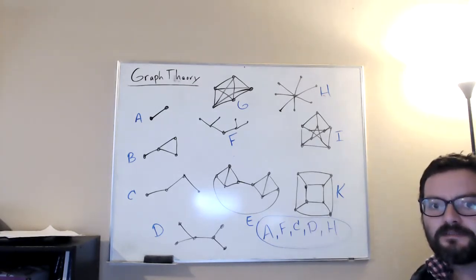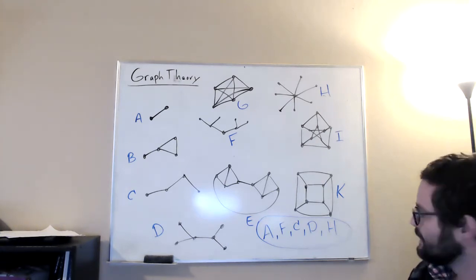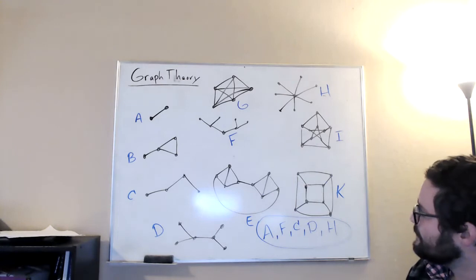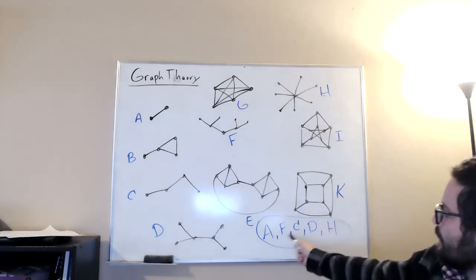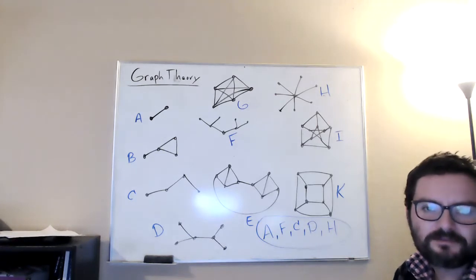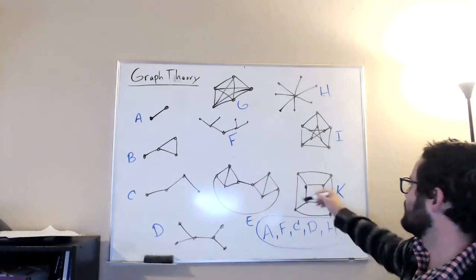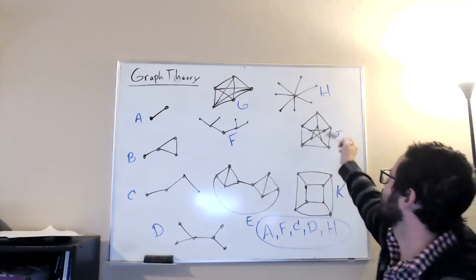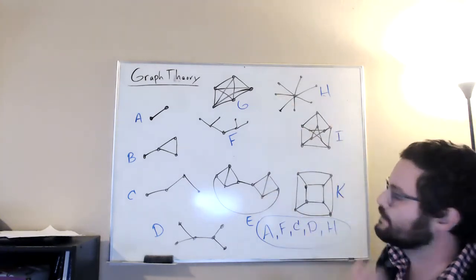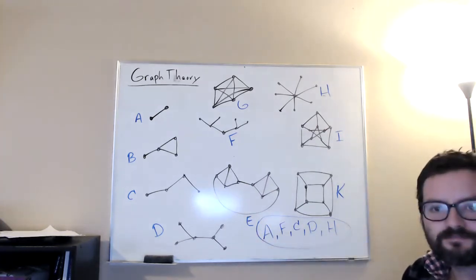There are no cycles. Exactly. Notice that all the other graphs outside of this collection contain some cycle somewhere. Like here, E has a cycle right there, K has cycles all over the place, I has cycles everywhere, G has cycles everywhere. But these graphs here don't have cycles.